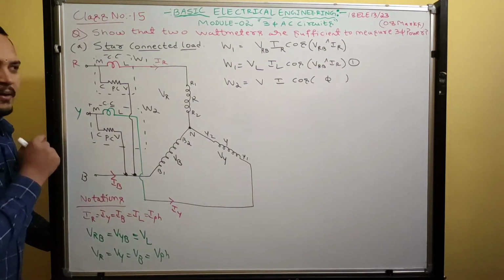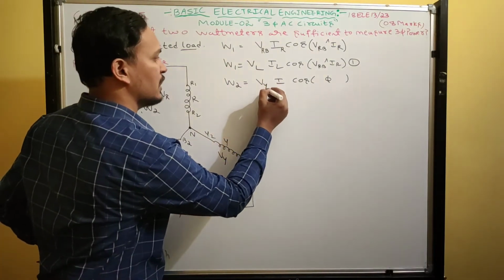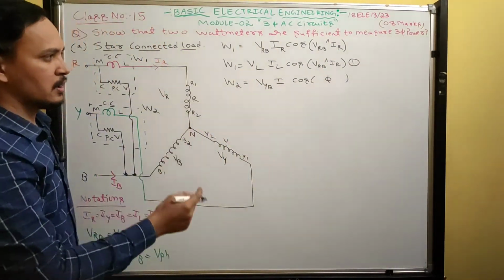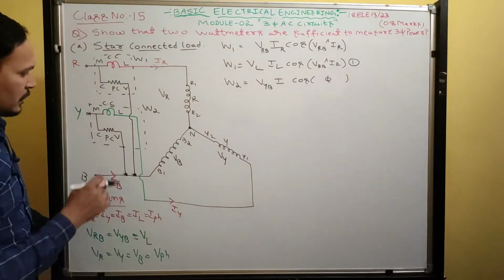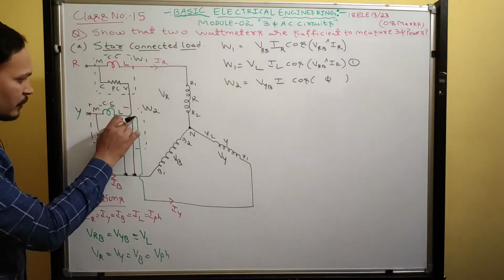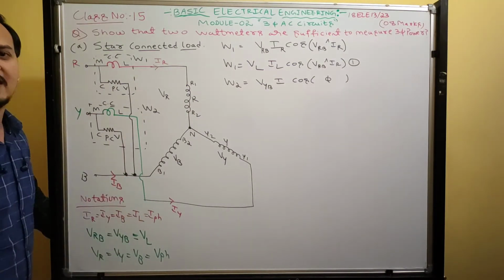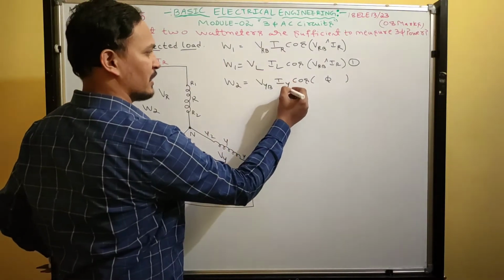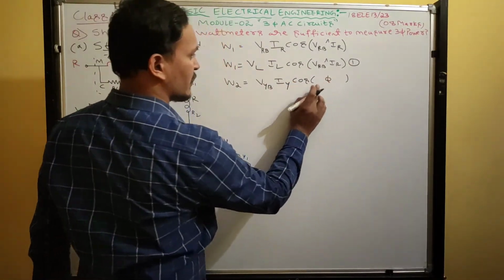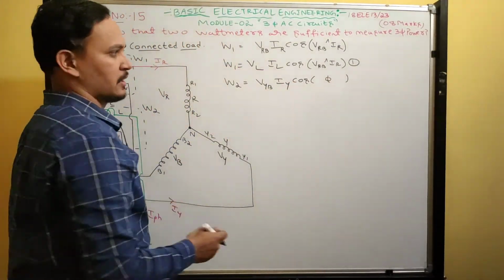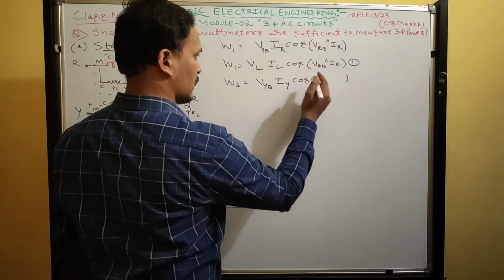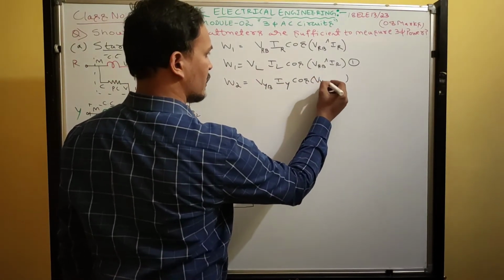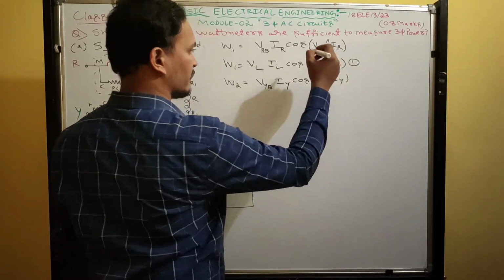Between Y and B. So you must write VYB. And what about the current coil of W2? What current does it carry? IY current. So IY into cos phi. What do you mean by phi? Angle between voltage and current. So you write VYB at an angle of IY.